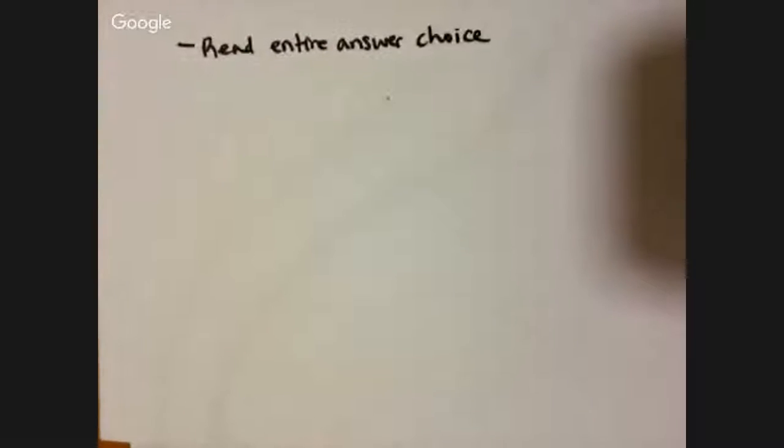The answer choices must be 100% correct to be the right answer. Again, if half of it is true, the whole thing is incorrect. And also, there are some telltale signals that an answer is incorrect.